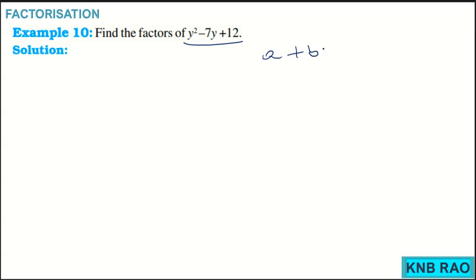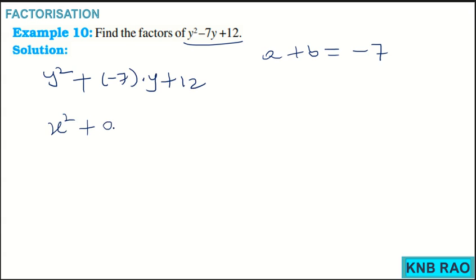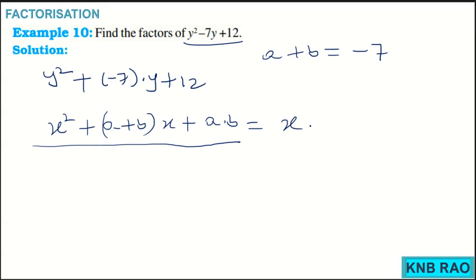a plus b as minus 7. Why? Because we have so far learnt x square plus a plus b times of x plus a into b, where all terms are positive, equal to x plus a into x plus b.